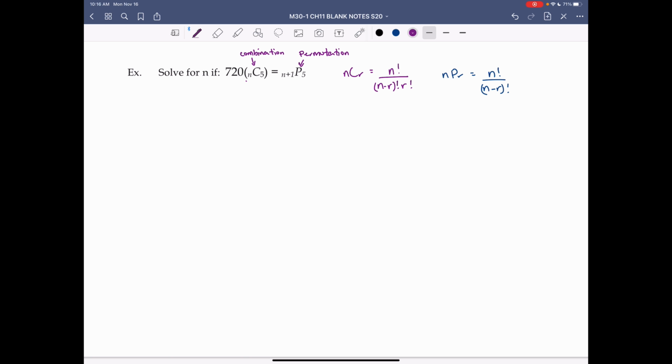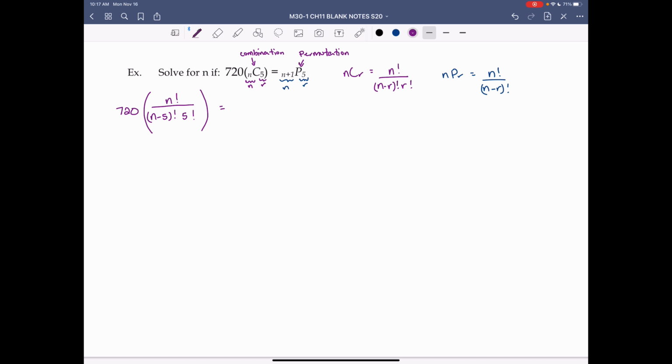The n value here is just n, and the r is 5. In the permutation, the n value is n plus 1, and the r value is 5. Then in factorial form, I can write this as 720 times the factorial form of the combination nC5, which would be n factorial over n minus 5 factorial times 5 factorial.